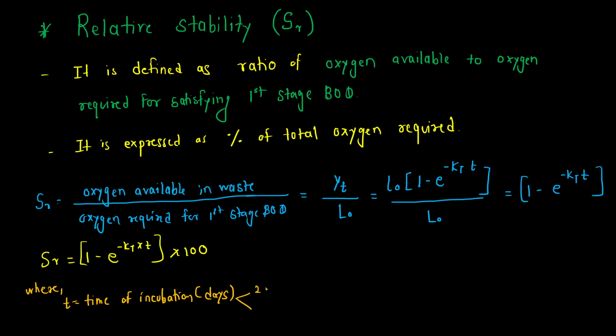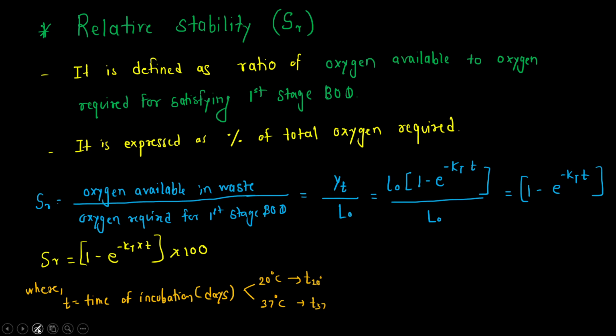The one is for 20 degrees Celsius, and T is the time in days, and that we call it T20. So for 20 degrees Celsius we name this T as T20. And the second temperature is 37 degrees Celsius, and we name this as T37.